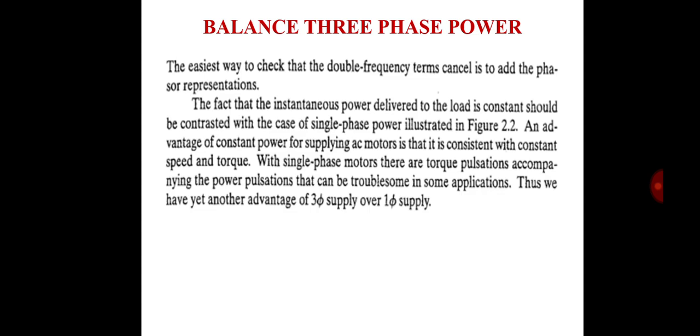When we supply an AC motor constant power, we get constant speed and constant torque. With single-phase motors there are torque pulsations accompanying the power pulsation that can be troublesome in some applications. Thus we have yet another advantage of three-phase supply over single-phase supply.